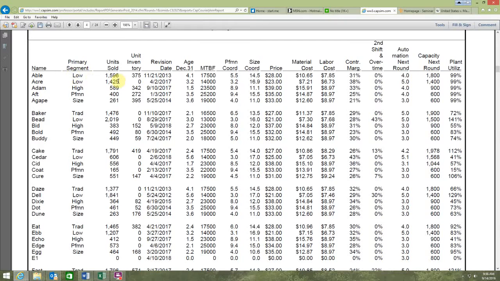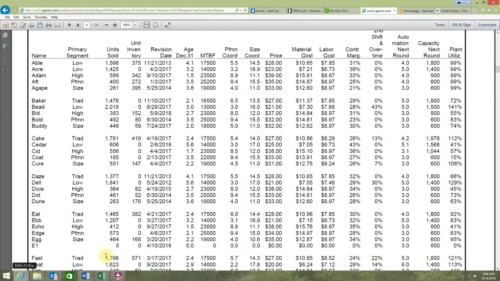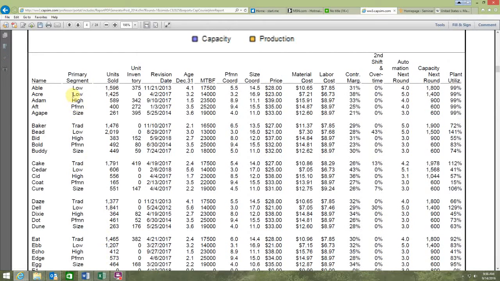This was a little bit of a quirky thing that happened here, and I'll explain it while we're going through it. What happened is all the real low end products sold out. You can see they sold out, and so it had to stretch to get enough product to meet demand. Because there was an overlap here at the start, it was able to take some traditional products and sell those in the low end.